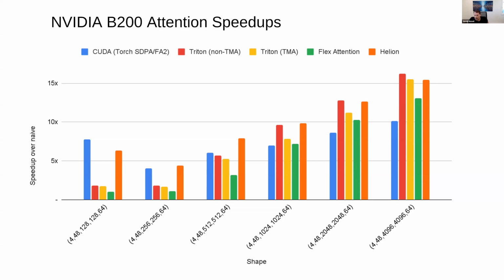I don't have the Flash Attention 3 numbers here, but I think Flash Attention 3 is faster than all of these. But that's the result of heroic human effort to hand optimize these kernels, while the Helion version is just a naive attention algorithm that's been autotuned. So the level of effort comparison between the two is pretty striking.